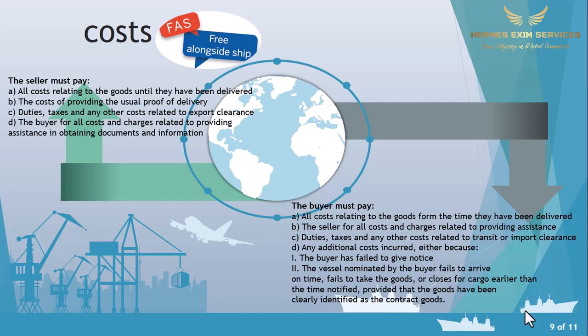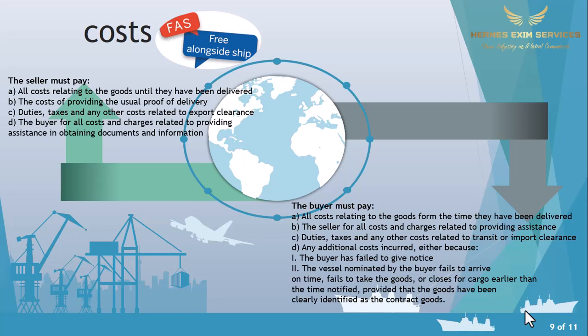The buyer must pay the seller for all costs and charges related to providing assistance in obtaining documents and information. Where applicable, the buyer must pay duties, taxes, and any other costs related to transit or import clearance.